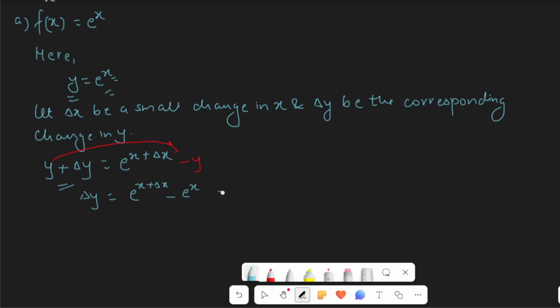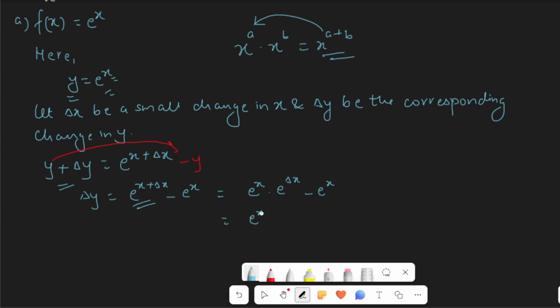So here, what we do is we separate this using the laws of indices, which say x to the power a times x to the power b is equal to x to the power a plus b. Similarly, x to the power a plus b can be separated like this. So it will be e to the power x, e to the power delta x minus e to the power x.